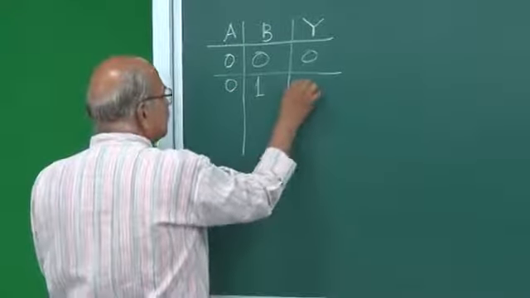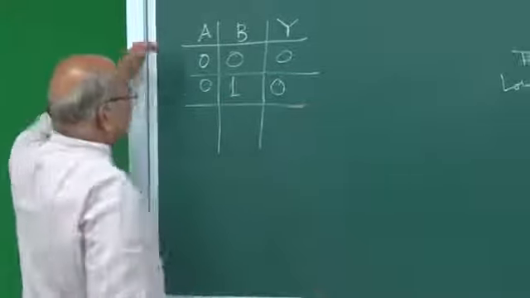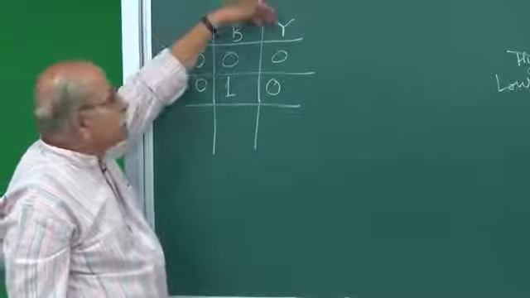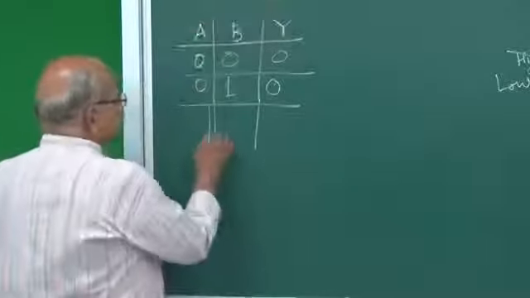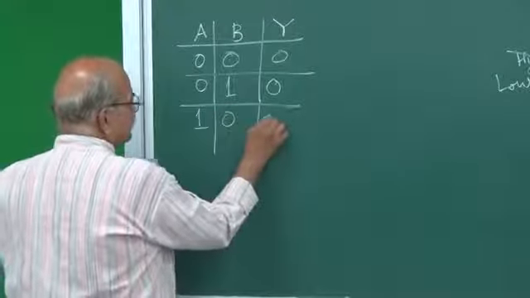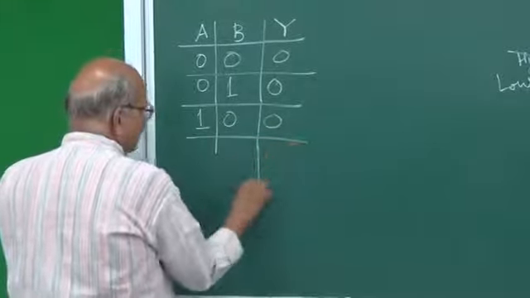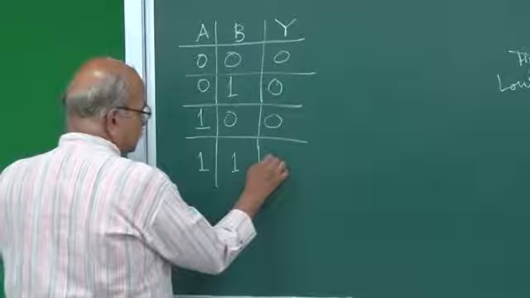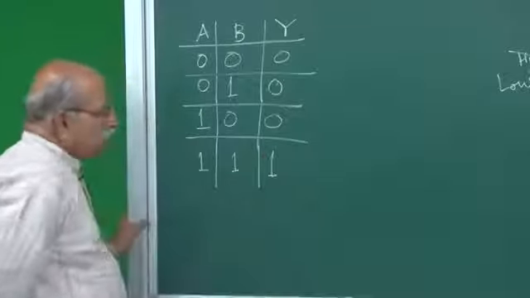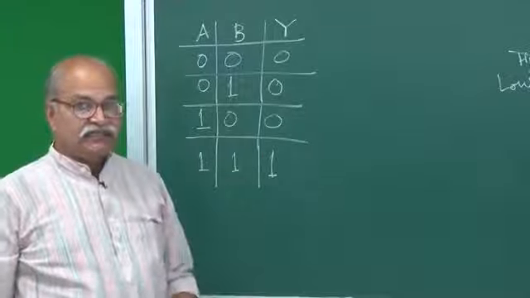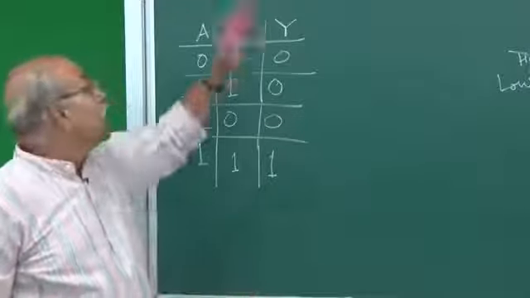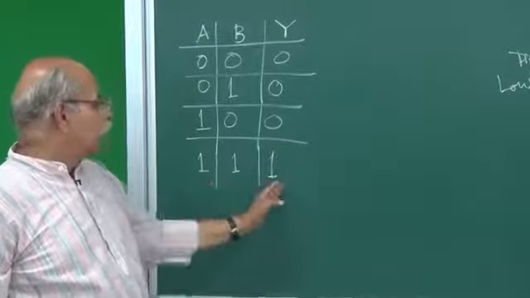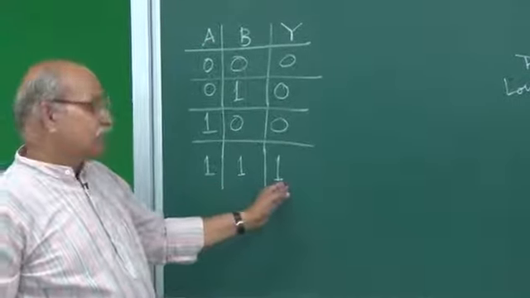If A is 0 and B is 1, still Y is 0, because A and B both should be high to give a high value of Y. 1 and 0 gives 0, and 1 and 1 gives 1. A circuit of this kind is called an AND circuit. Both of them should be high, then only the output is high, otherwise it is not.